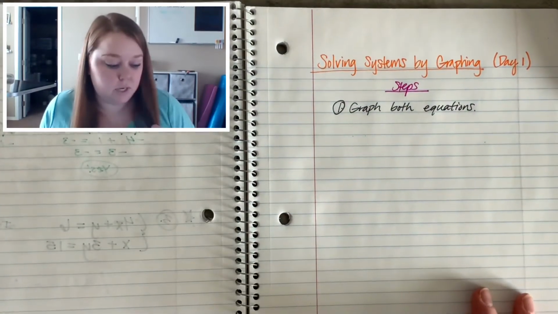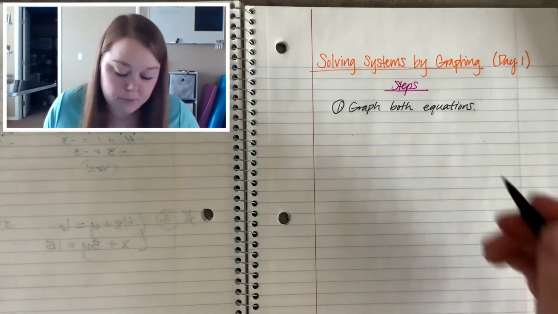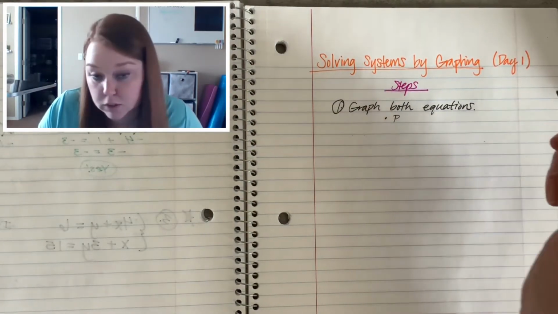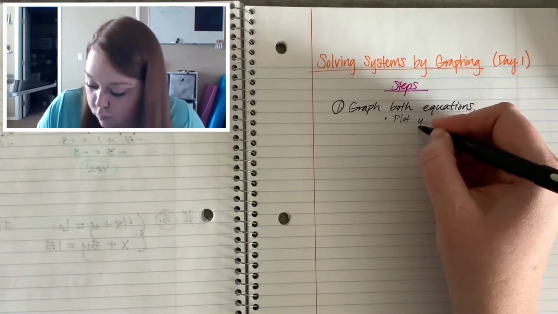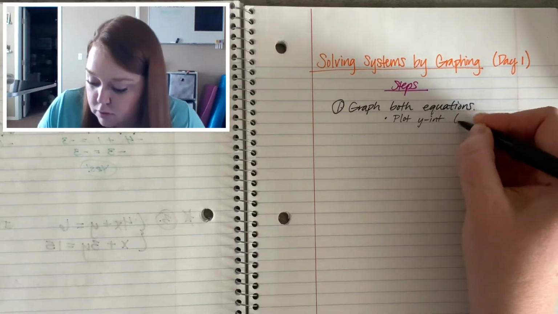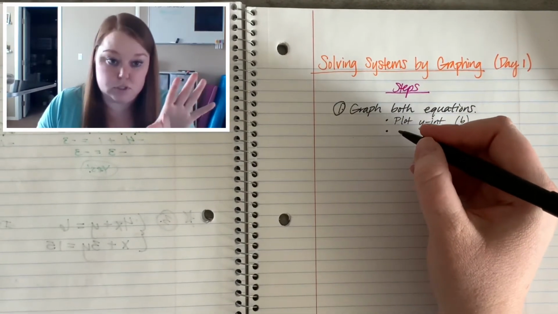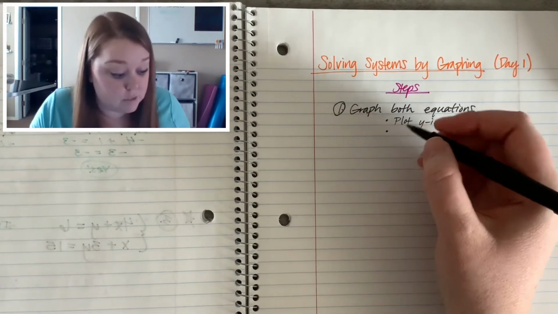Okay, so we're going to be looking at equations that are in slope-intercept form. So y equals mx plus b. Just as a reminder, and if you already know this by heart, you don't need to write it, you start by plotting the y-intercept. That's your b value. After you plot the y-intercept, you look at the slope. That tells you how much to go up or down, left to right, the rise and run.